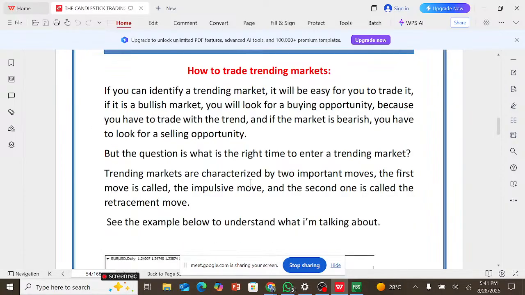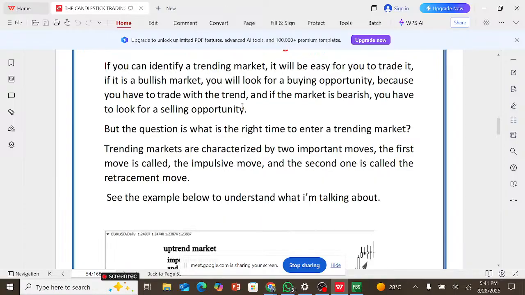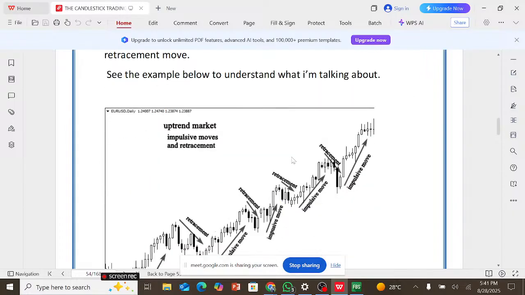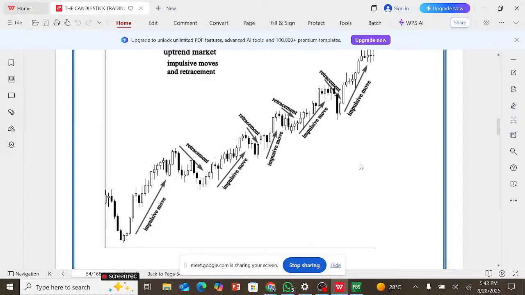So now, how do we trade a trending market? A trending market can be an uptrend or a downtrend. How do we trade it? First of all, remember, I have said we need to put our time frames.